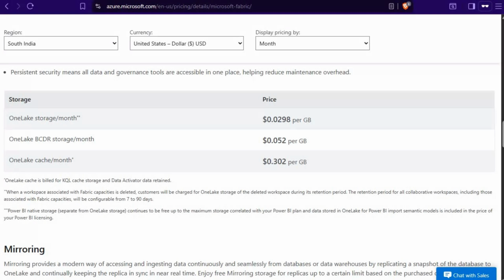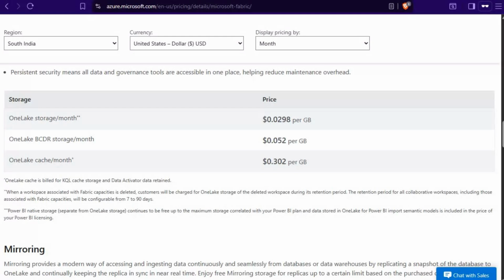Also, Power BI storage within Fabric has some special treatment. If you are using Power BI artifacts in Fabric, like importing a dataset into a Fabric workspace, Power BI's native storage remains free up to the usual limits. Pro users get 10 GB each, etc. And Fabric honors those existing entitlements.